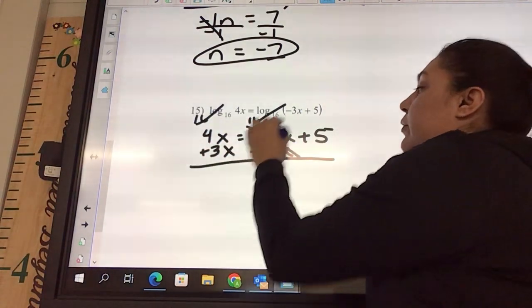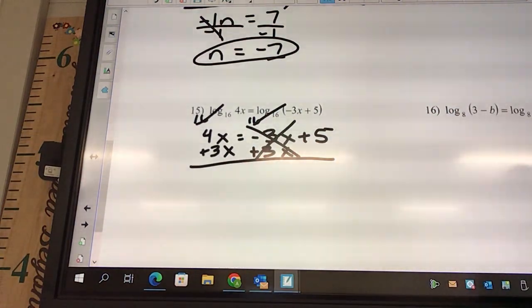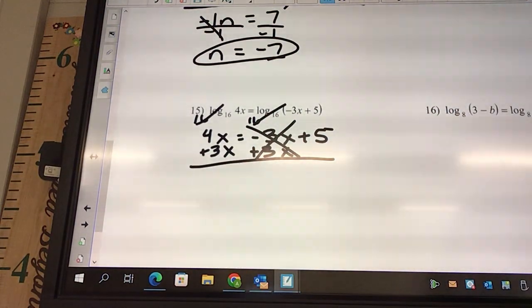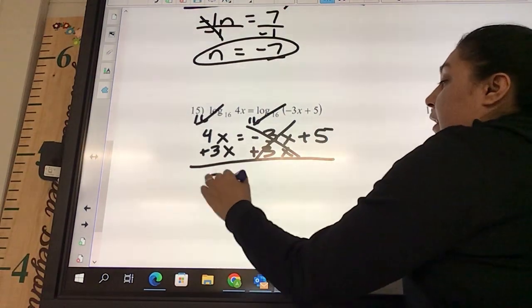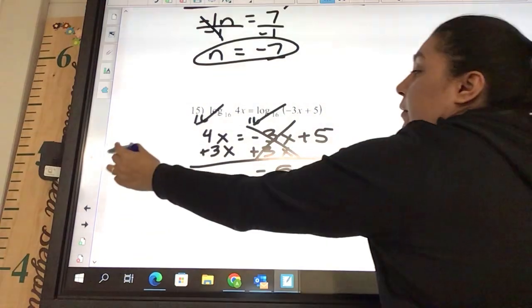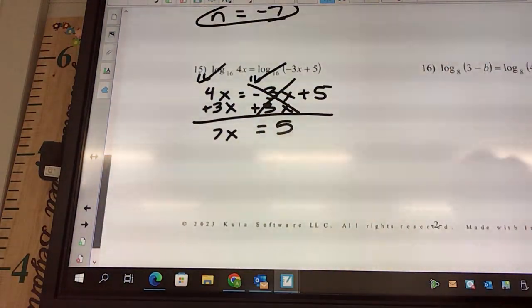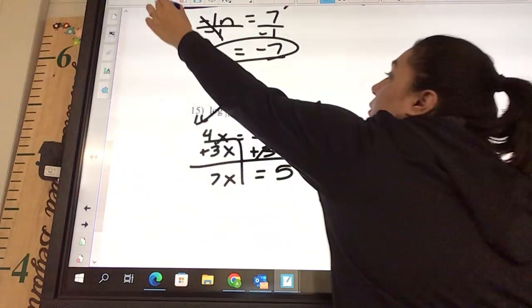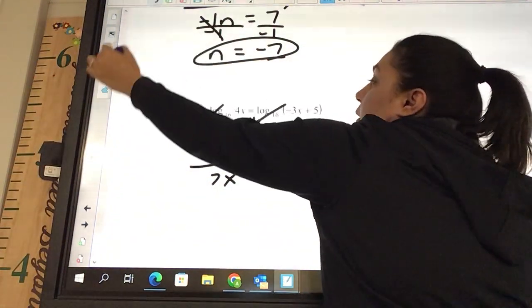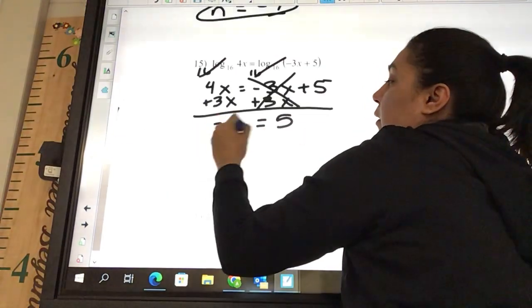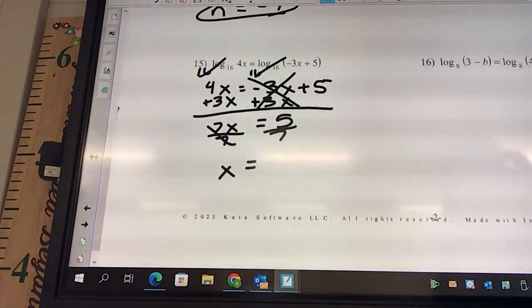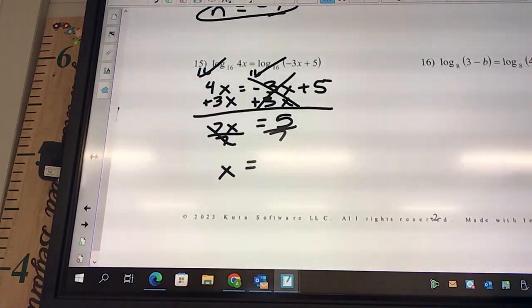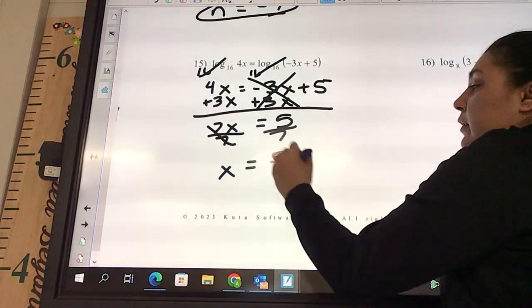What else needs moved? That's it. So 3 plus 4 gives me 7x equals 5. And then what? Divide by 7. What is 5 divided by 7? It's still 5 over 7. That one does not simplify.